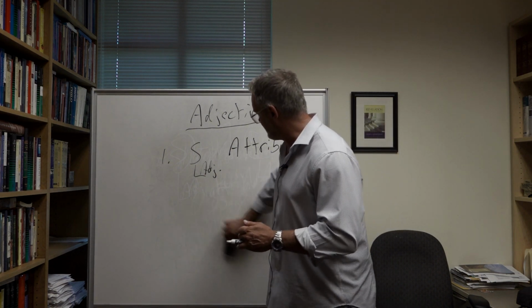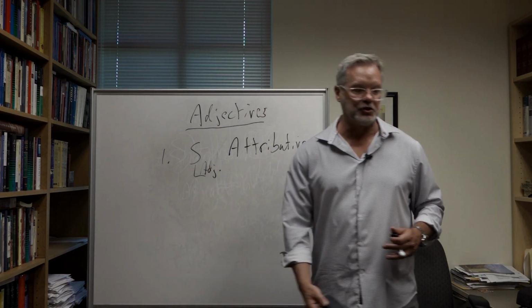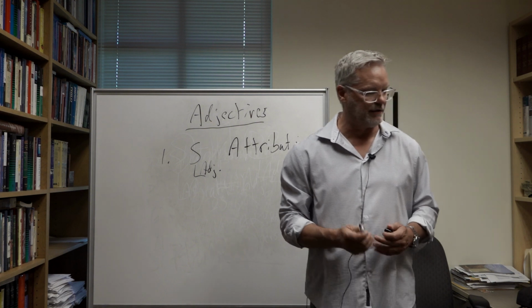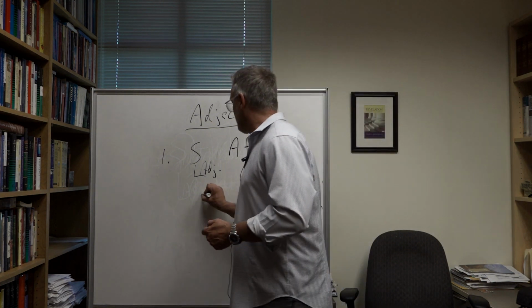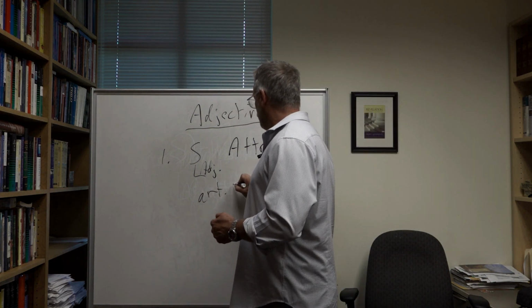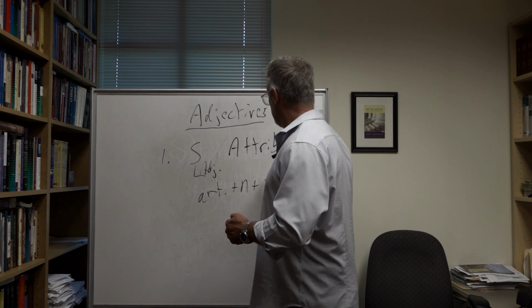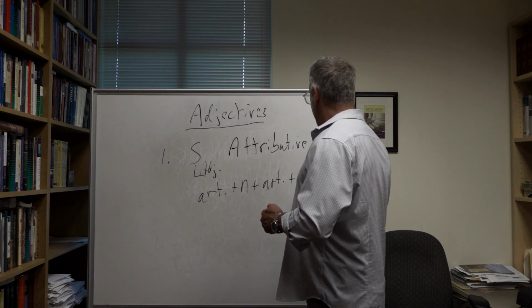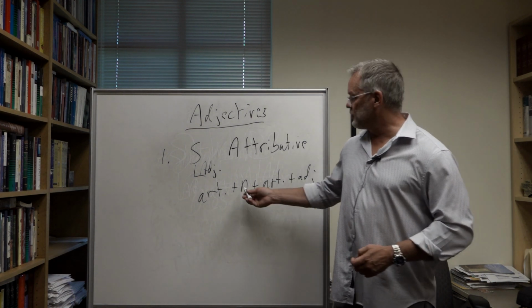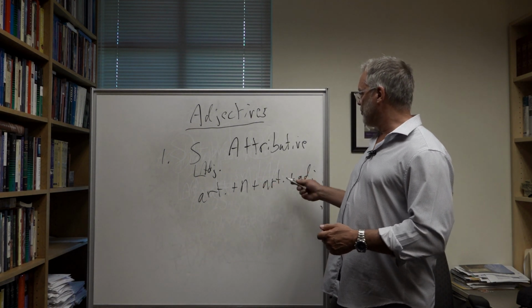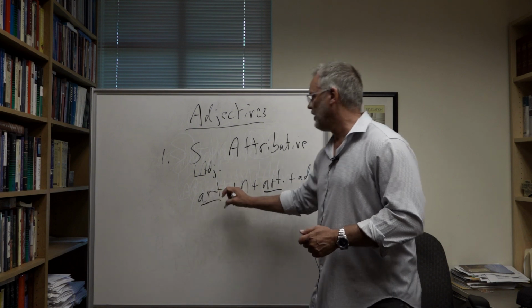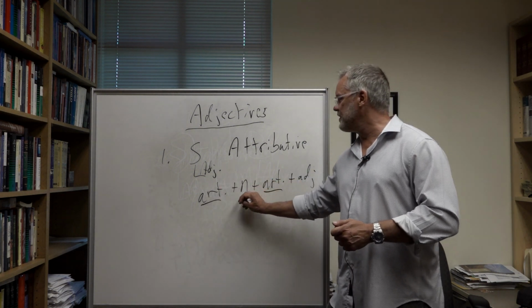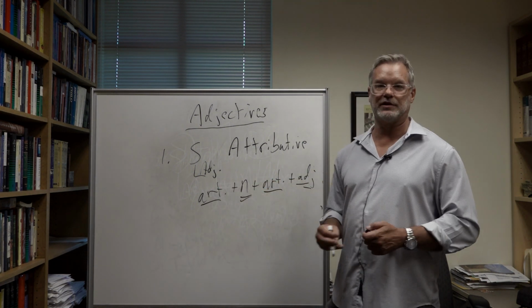Another one is, and this is still under the attributive use of the adjective, article, noun, article, adjective. So now you have the article preceding both the noun and the adjective.